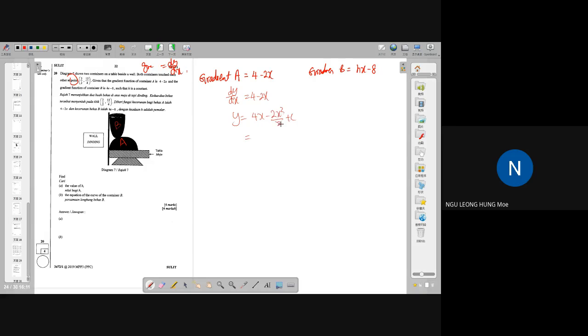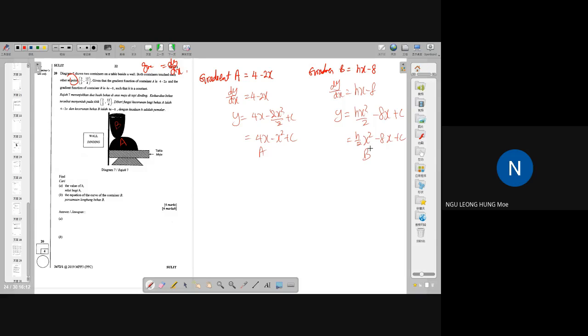Let's say 4x minus x squared plus c. And for B, dy/dx equals hx minus 8. So y equals hx squared over 2 minus 8x plus c. So h over 2 x squared minus 8x. Okay, so this one is A, this one is B.